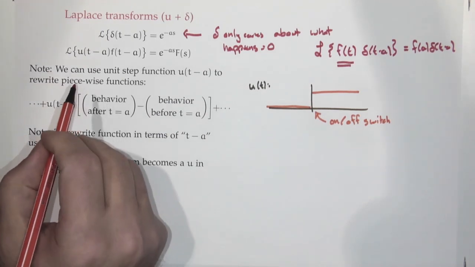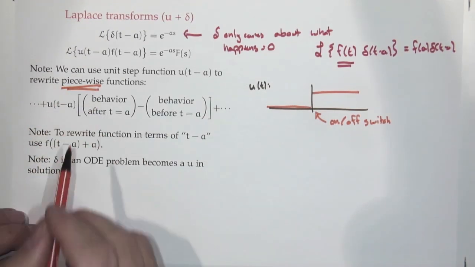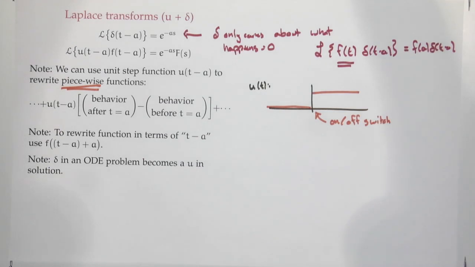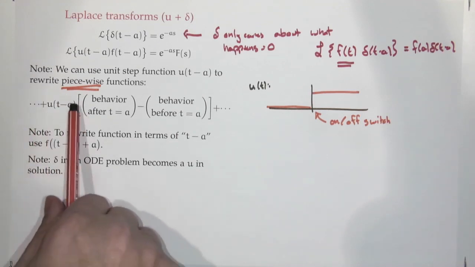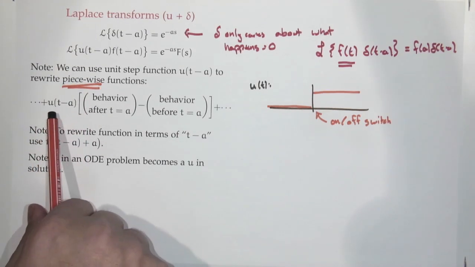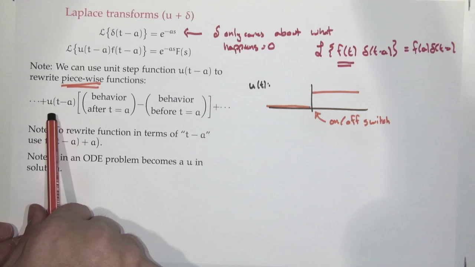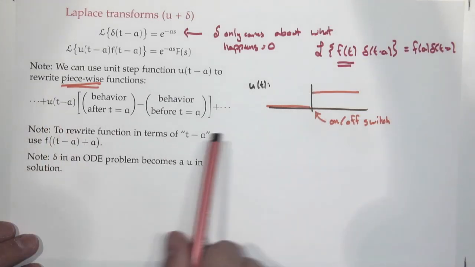And why do we like it? Well, the key is it's really useful for piecewise functions. So if we have a function which is defined piecewise, so in other words, behavior changes, then what we can do is indicate behavior change by saying that at time a, something happens. So that's our on-off switch.